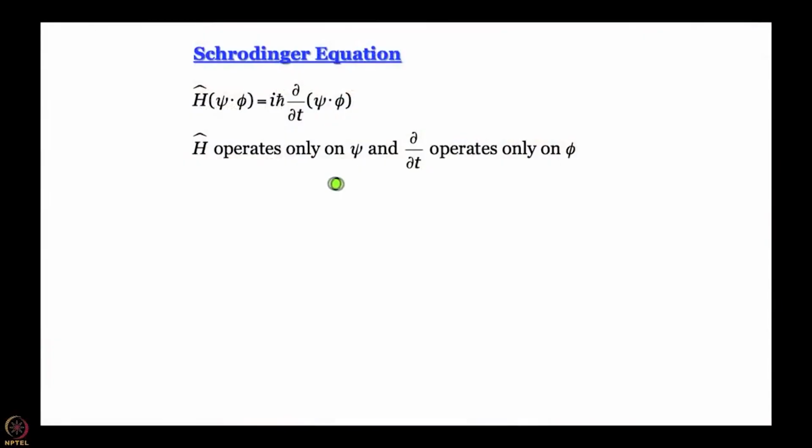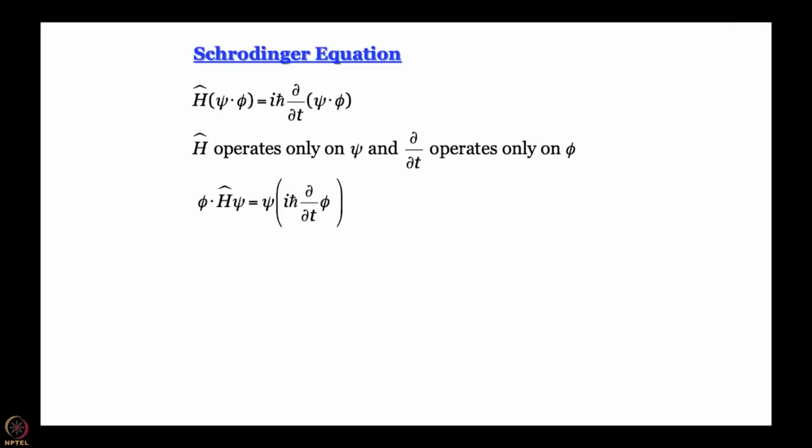So, we can say safely that the Hamiltonian H operates only on psi and del t operates only on phi, and this is going to hold for stationary states. We come back to the stationary states defined by Niels Bohr. H operates only on psi and del t operates only on phi.